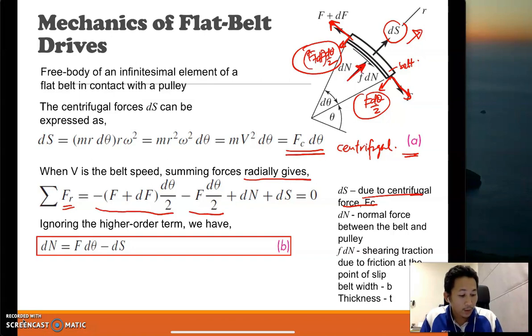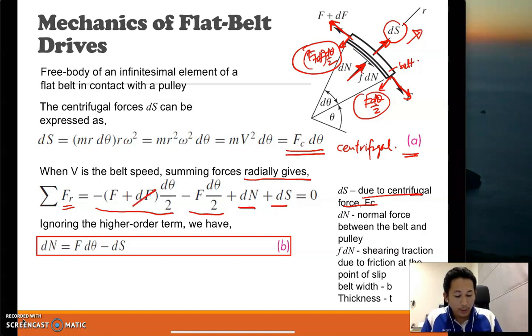dN is going in the r direction, same as dS, so dN is positive and dS is positive. We remove the higher order term of dF.